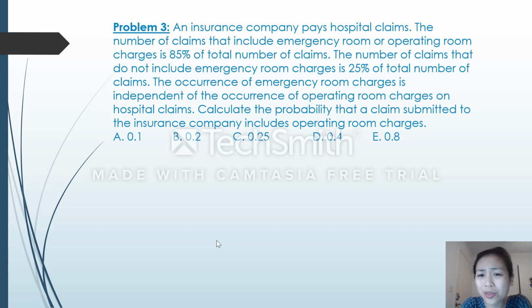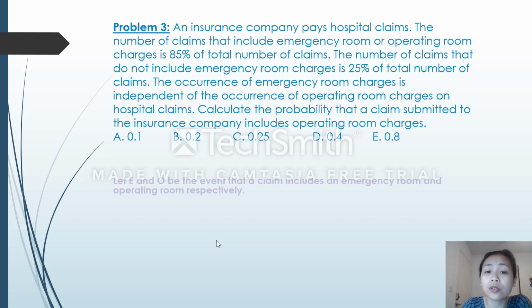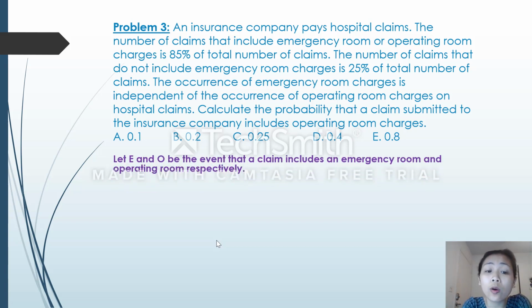So here we have two types of room, emergency rooms and operating room. So we are going to use two letters, E and O, to represent emergency room and operating room. So let E and O be the events that a claim includes an emergency room and operating room respectively.